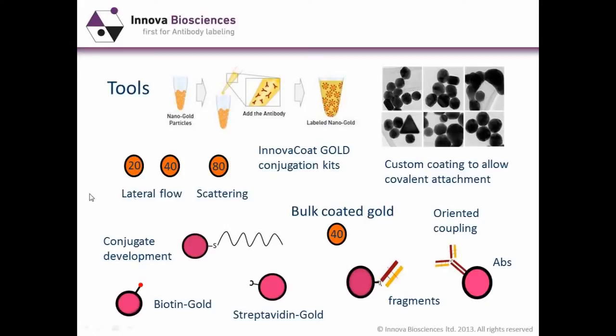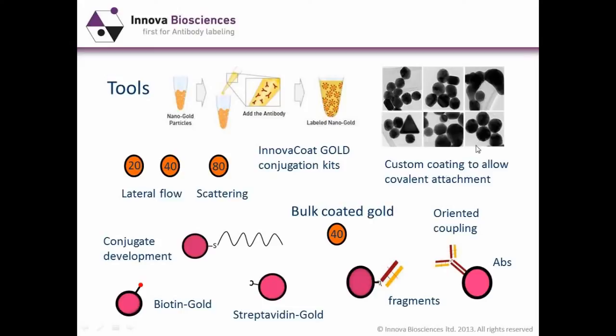These are some of the tools that Innova Biosciences has if you're interested in this area. So we have conjugation kits for 20, 40 and 80 nanometer gold with the surface coat for lateral flow and scattering type applications. The naked gold TEM images that we showed earlier, we've successfully coated all of these materials.